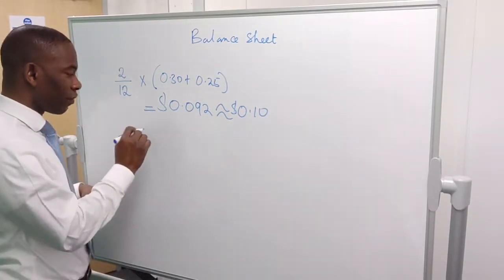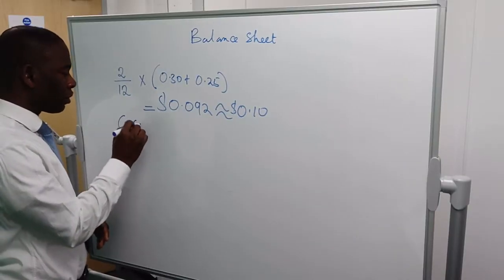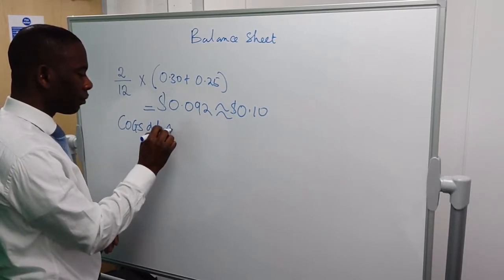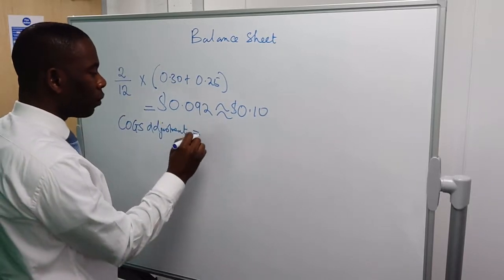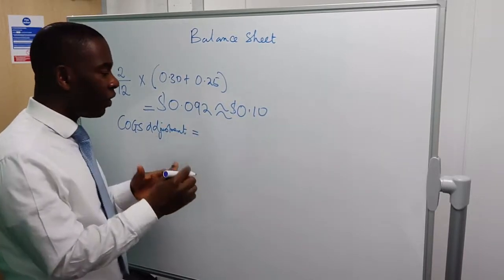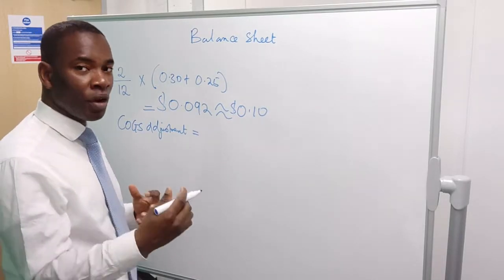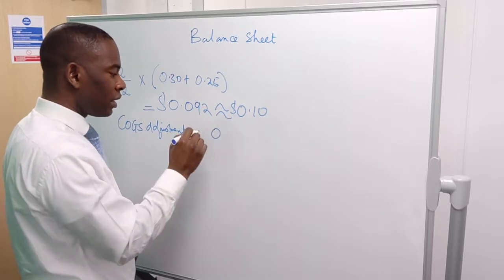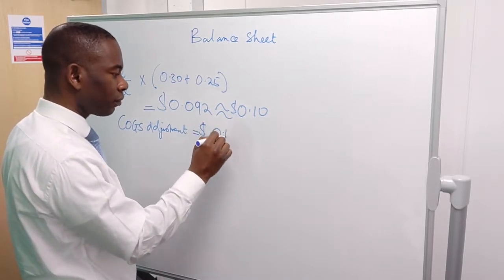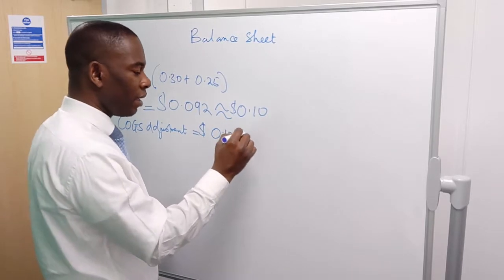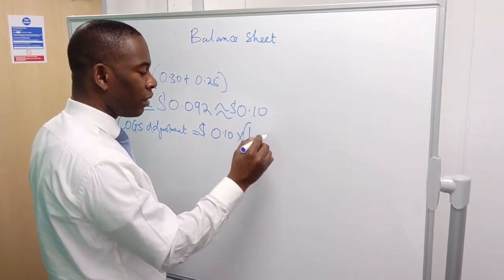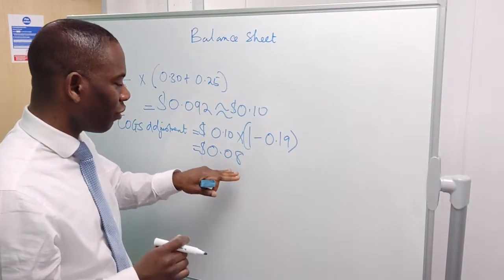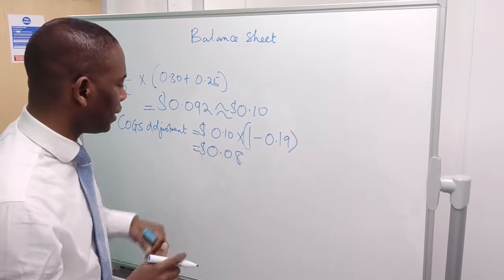So the cost of goods sold adjustment will increase the net income by 10 cents multiplied by 1 minus 0.19. So that's going to give us roughly 8 cents.